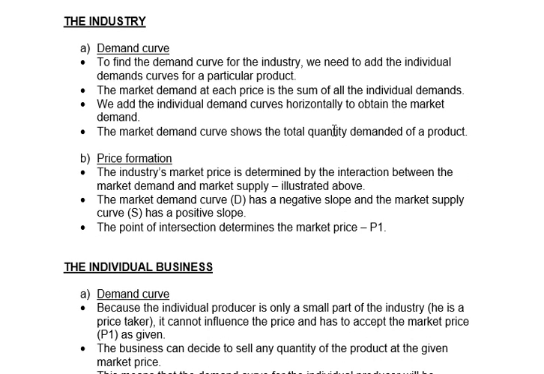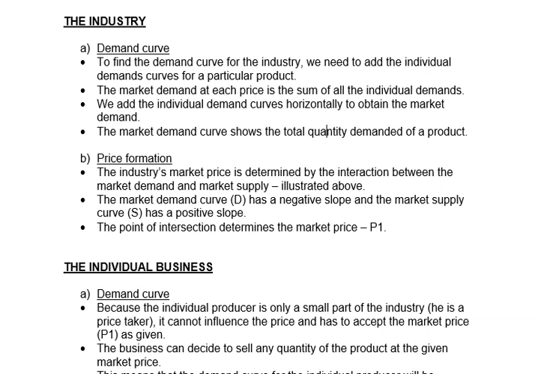So this is just the discussion of the graph that I have already discussed. I said to find the demand curve for the industry, we need to add the individual demand curves for a particular product. Remember, each individual that wants to buy a cupcake, Pity and Yanni and Sunny, we are going to add whatever Pity is willing to buy, plus what Sunny is willing to buy, plus what Kwesi is willing to buy, plus whoever else is willing to buy.